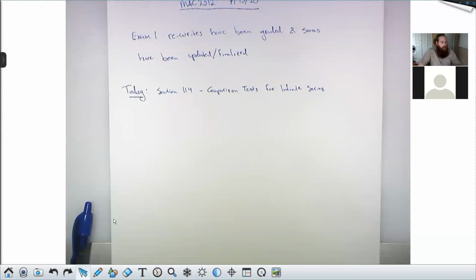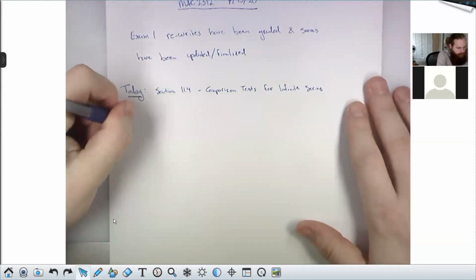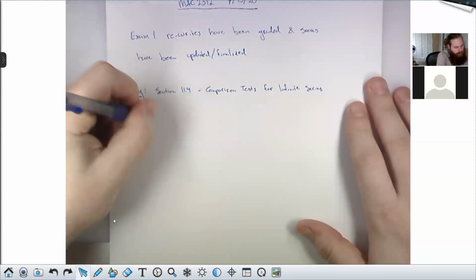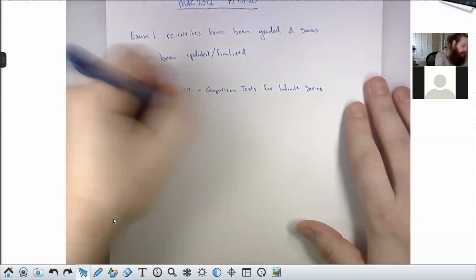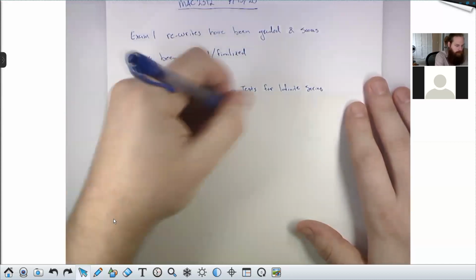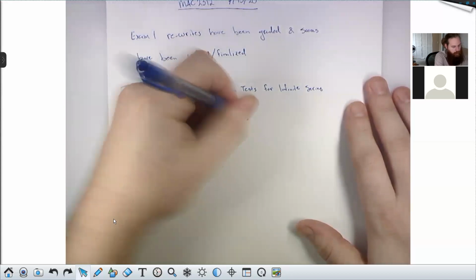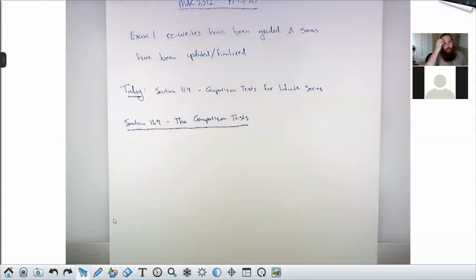So let's jump right in. So this is kind of our third convergence test for improper integral, or for infinite series.